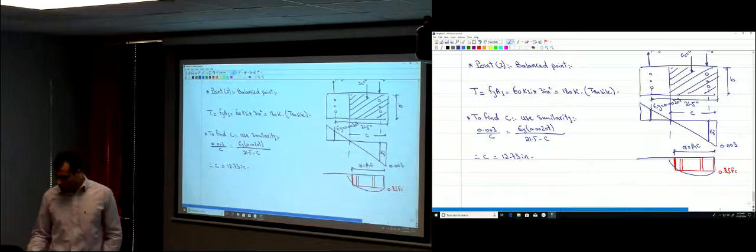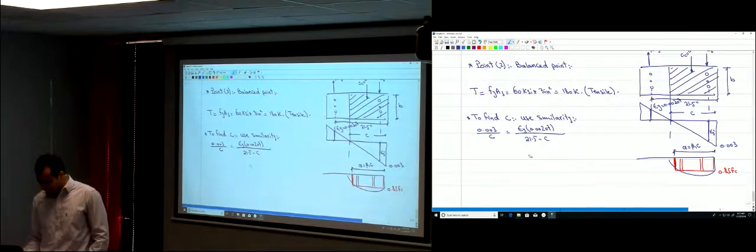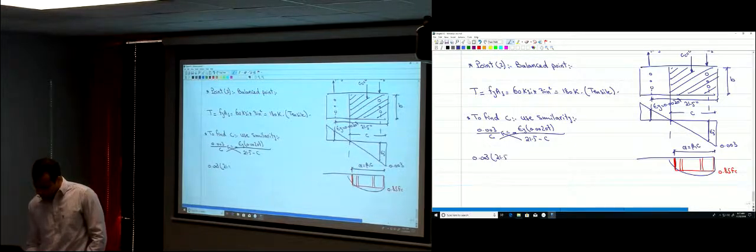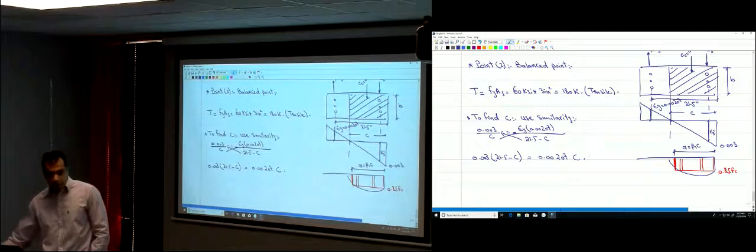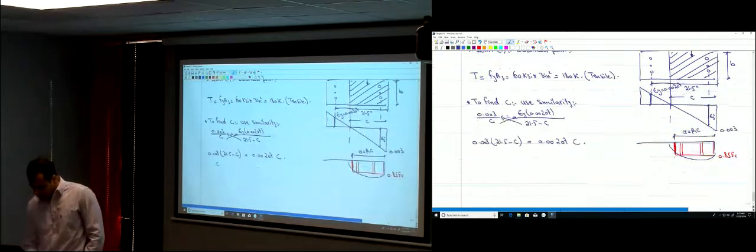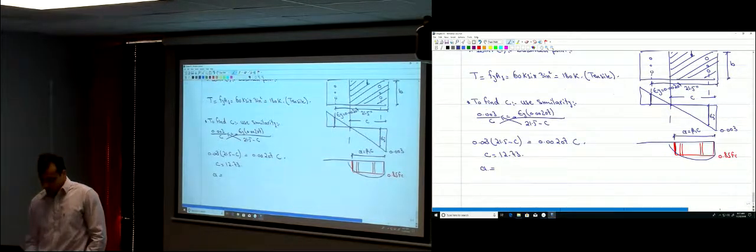Do you want me to show you how to solve it? You just multiply this by this and equate it to this. So 0.003 times (21.5 minus c) is equal to 0.00207 times c, and then you solve for c. So c is 12.73.